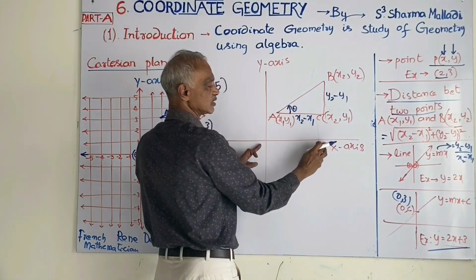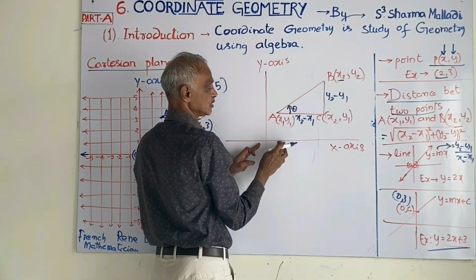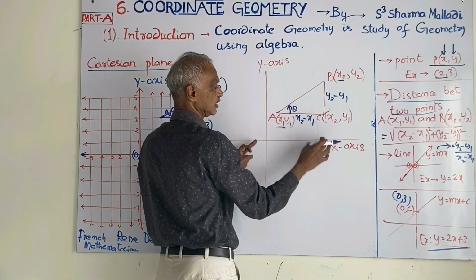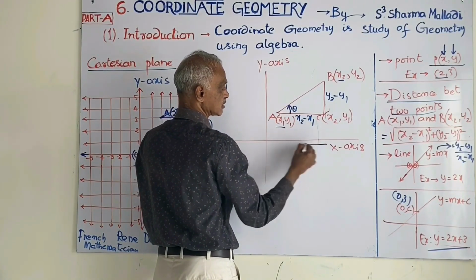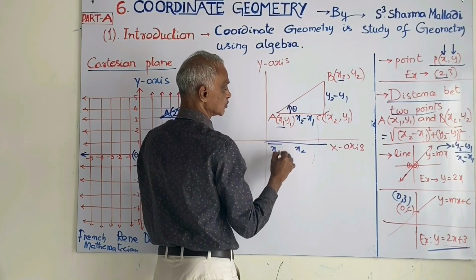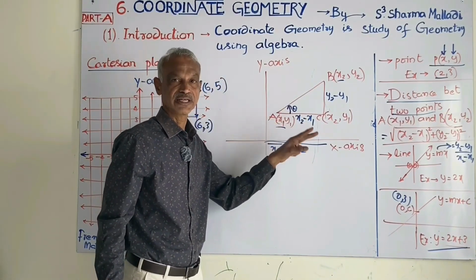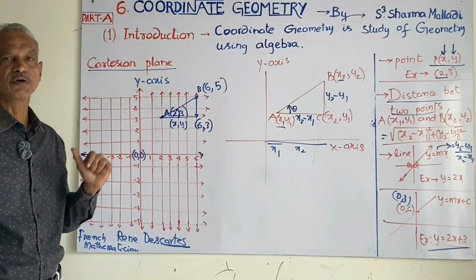Remember, this distance is x2 from here and this distance is x1 from here. The distance between A and C is x2 minus x1. Now see what is the slope of the equation.